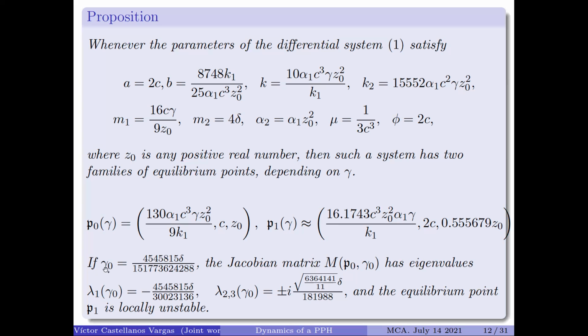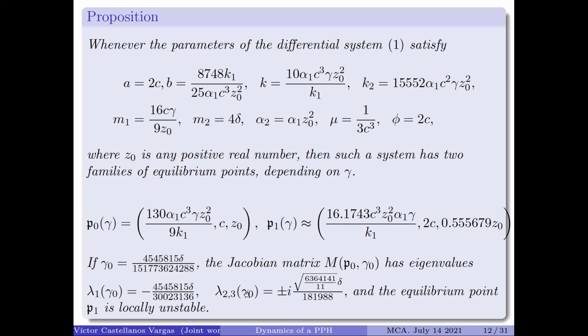Now, if gamma 0 takes this value, then the Jacobian matrix of the linear approximation of the system at the point P0 with the value of gamma equal to gamma 0 has the following eigenvalues. One of the eigenvalues is real and negative, and there is also a pair of imaginary eigenvalues.